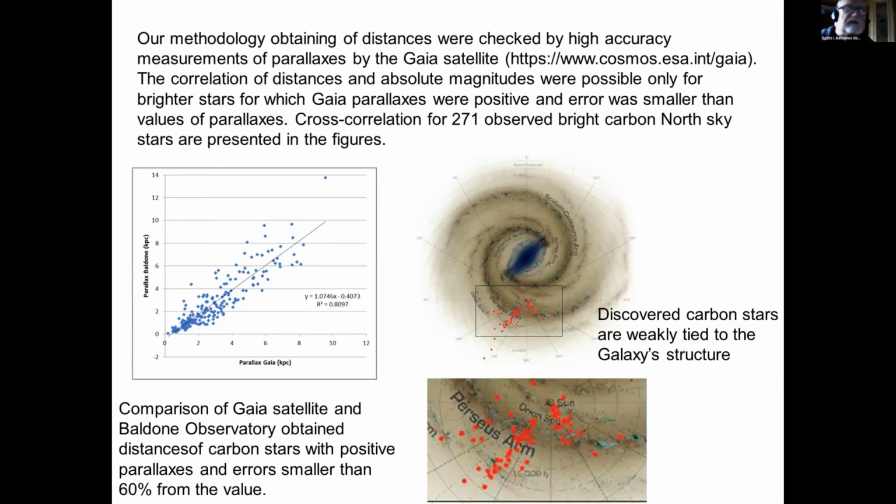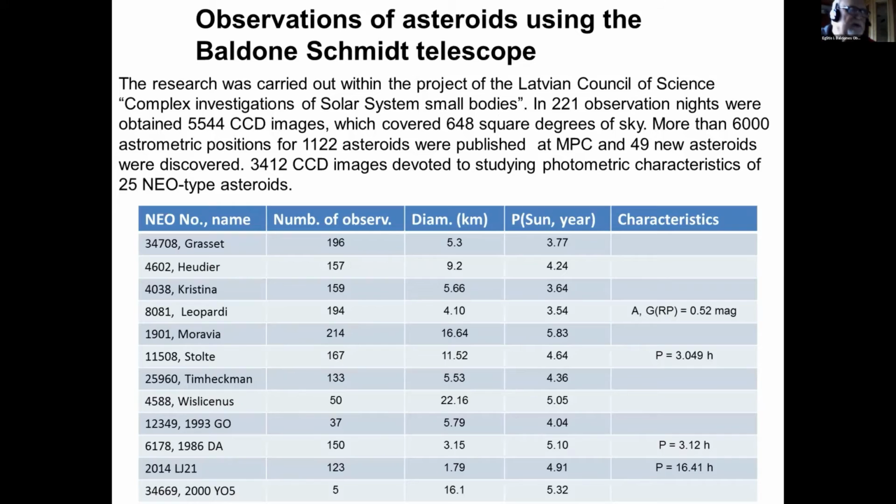The second project of the observatory is connected with the observation of asteroids, which was carried out within the project of the Latvian Council of Science, Complex Investigation of Solar System Small Bodies.